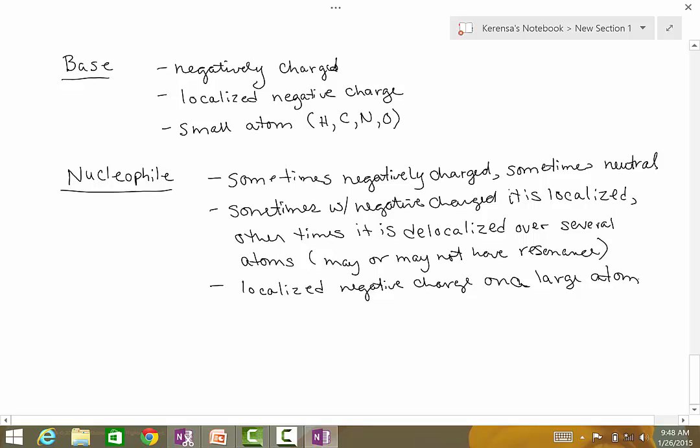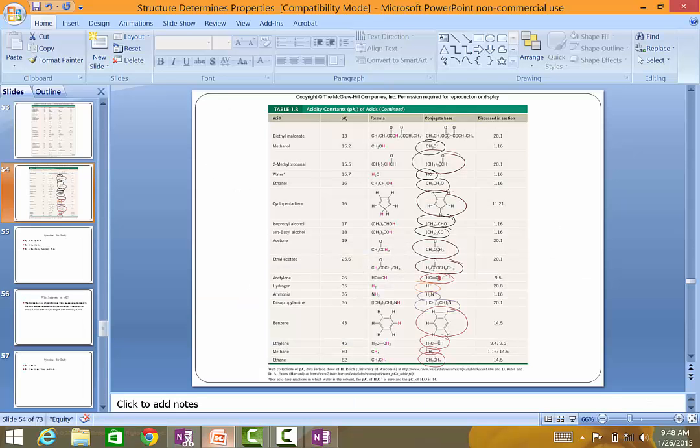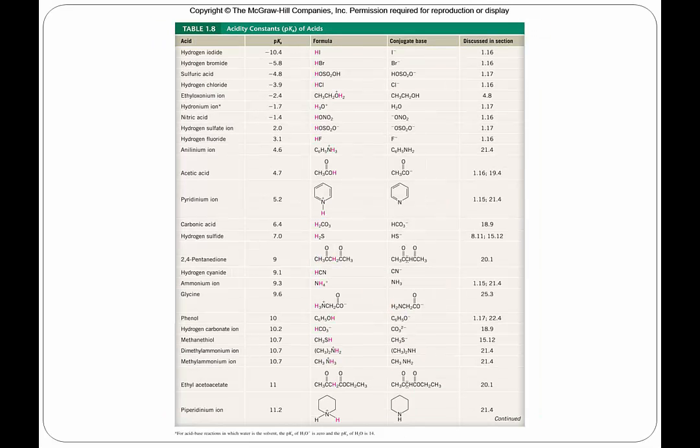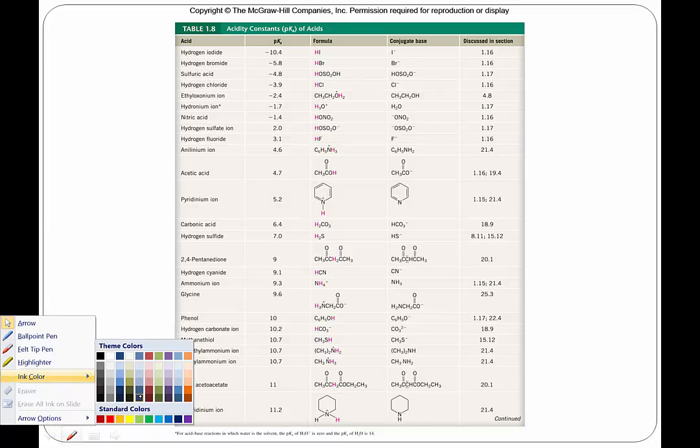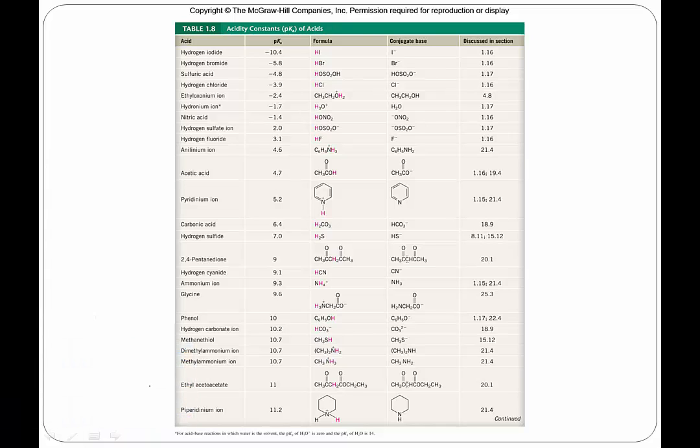So we're going to go back to our pKa chart. And these are actually going to be more on this first page here. So those that don't have charge are much more likely to actually be a nucleophile than they are a base. I'm not saying they are never bases.